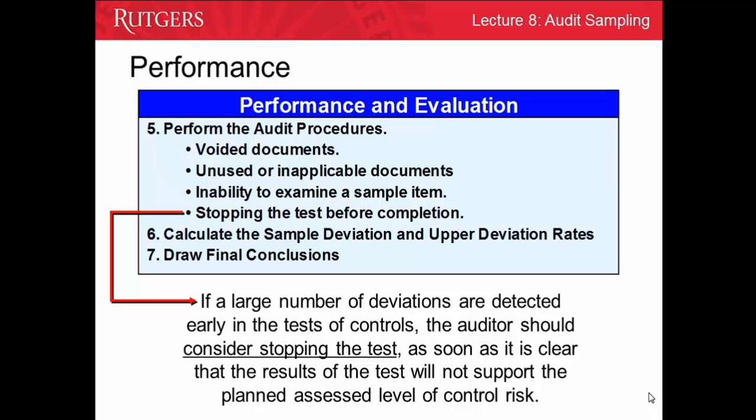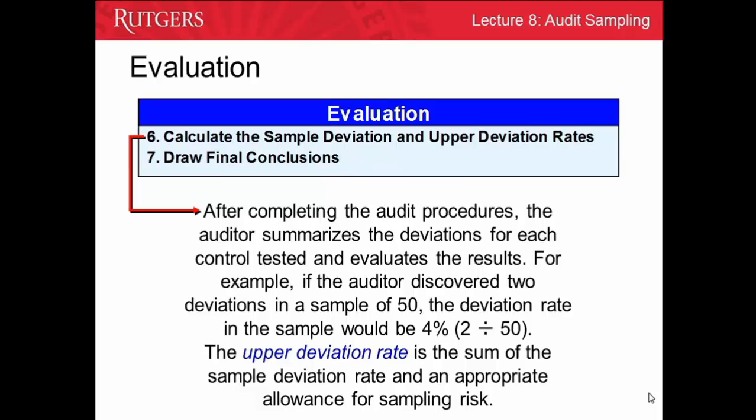After the audit procedures have been completed, the auditor proceeds with his or her evaluation of the sample results. During the evaluation of sample results, first, auditors should calculate the sample deviation rate and the computed upper deviation rate.